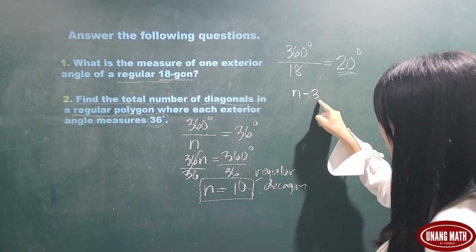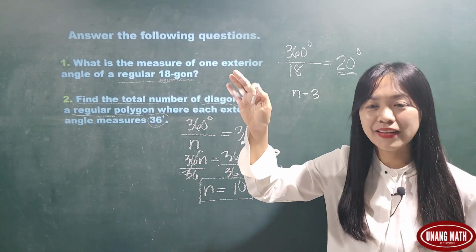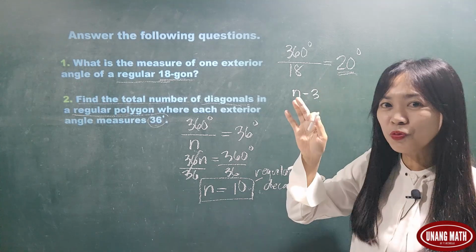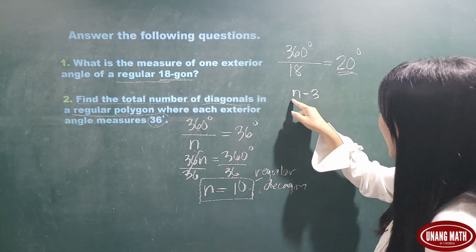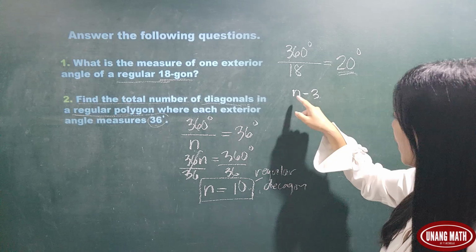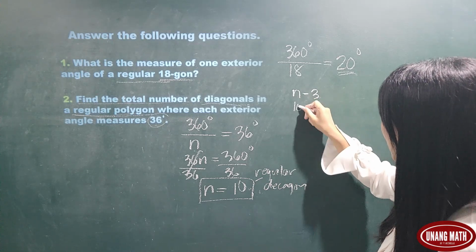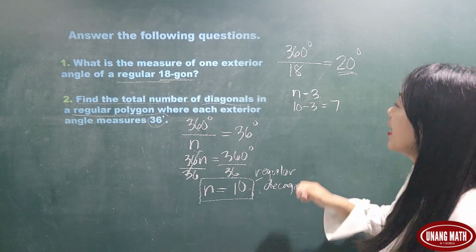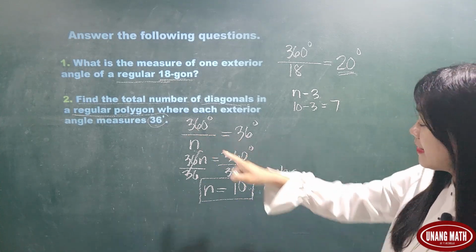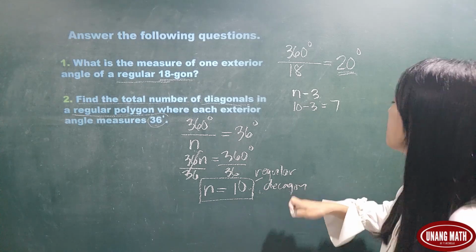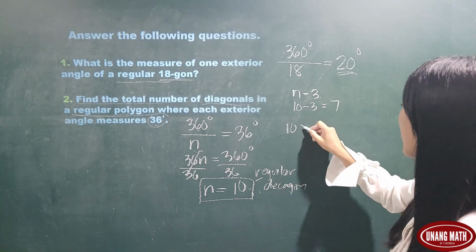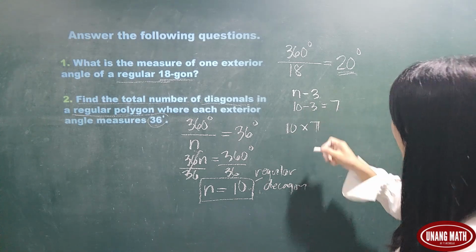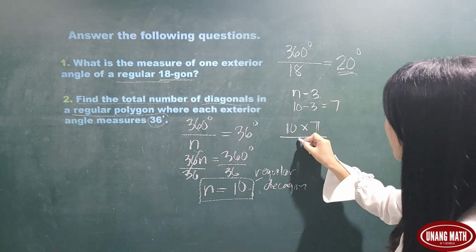We have to subtract 3 because we subtract the vertex itself and the two adjacent vertices. So n minus 3 is 10 minus 3, which is equal to 7. Since this is a regular decagon, 10 times 7, and we have to divide this by 2.